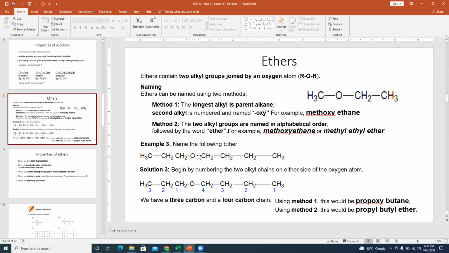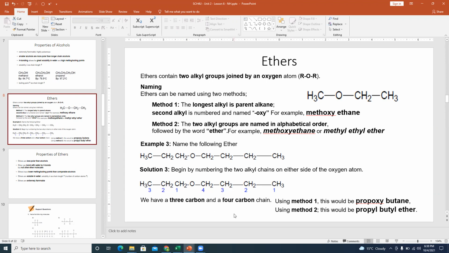So you can see it follows the formula R, oxygen, and then R. So the alkane, oxygen, and another part of the alkane. And how you go ahead to number this, you begin by numbering the 2 alkyl chains on either side of the oxygen atom, so that you have a 3 carbon and a 4 carbon chain.